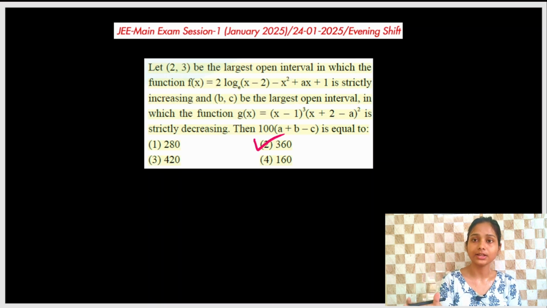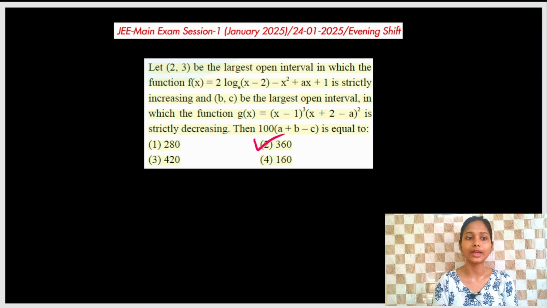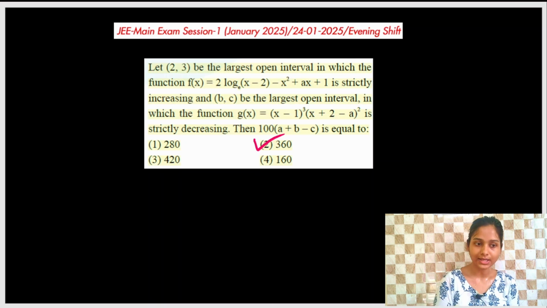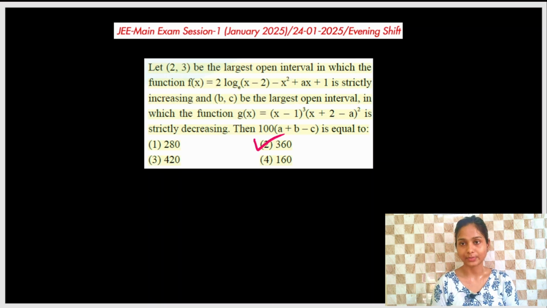So at 3 it can be positive but it can also be 0. So by using the condition, the main condition here is that f dash 3 equals 0. By using that we have obtained the value of a, and then by putting the value of a in the g(x) function we have obtained the interval bc where the g(x) function is strictly decreasing, and by using those values of a, b and c we have obtained the value of this expression here.